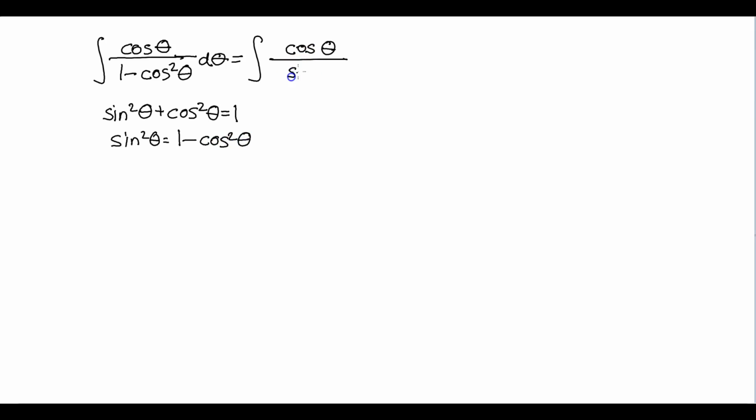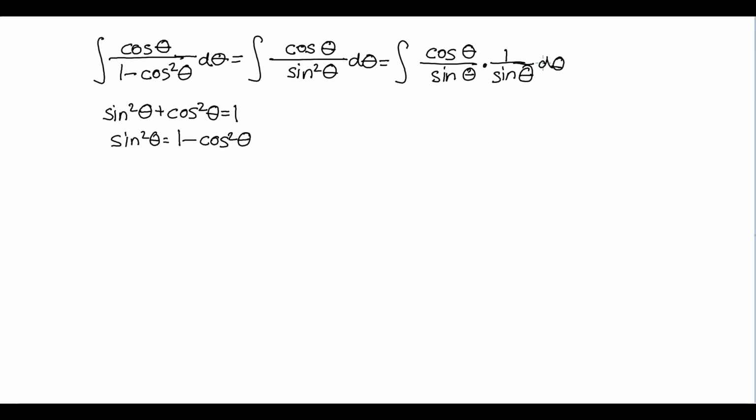So you can just replace this with sine squared theta d theta. And now this starts to make it a bit cleaner, because you can separate the product as cosine of theta over sine of theta times 1 over sine of theta d theta.